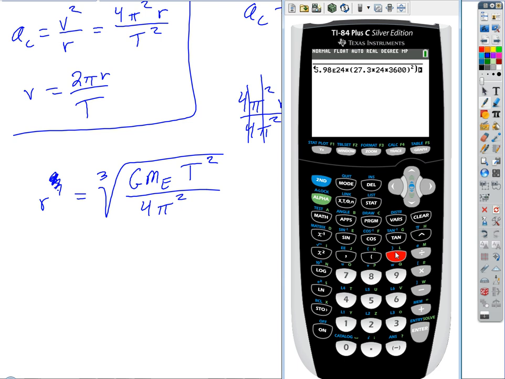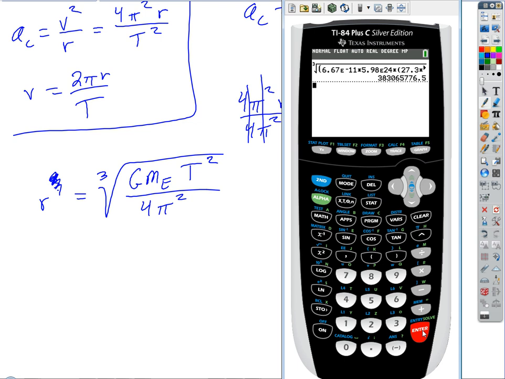All that divided by the quantity 4 times pi squared gives us that number. So that's the radius in meters, because we used all standard units.